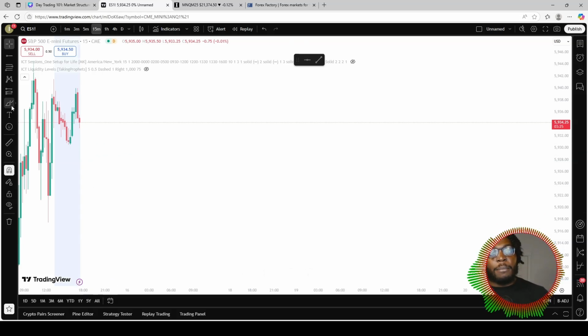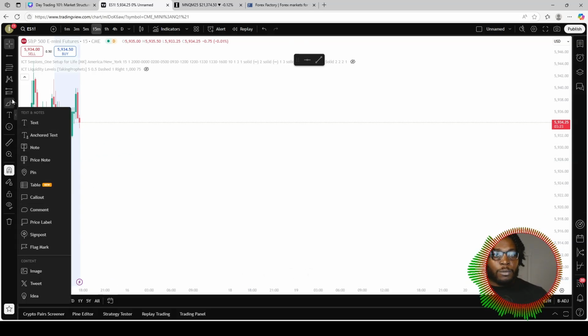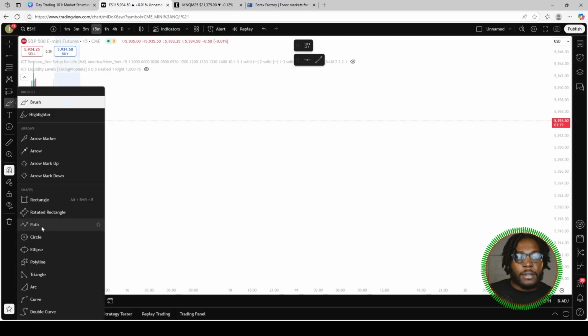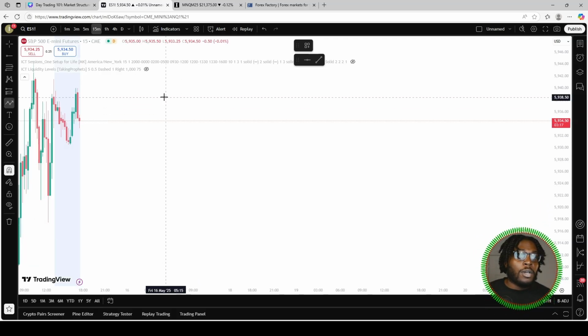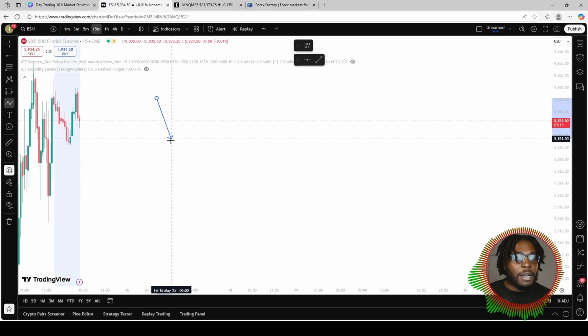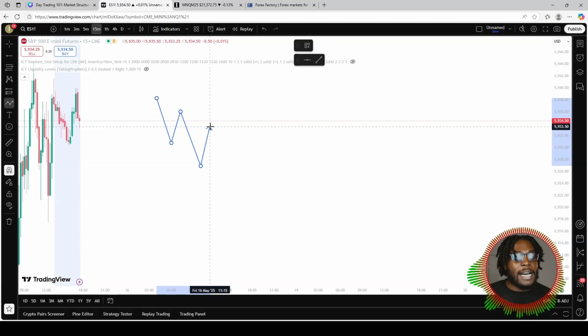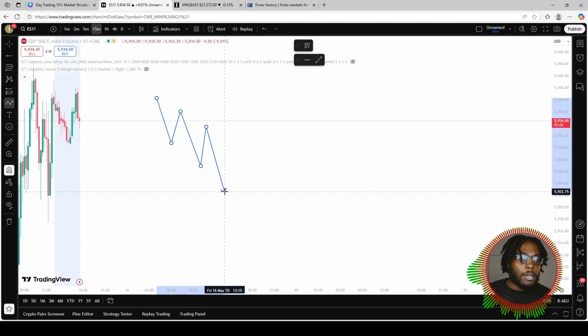Now let's look at a bearish market where price is going down. We're expecting price to sell off. All right. So say we're coming here, we're going to make a low, then a lower high, then a lower low, lower high, then a lower low.